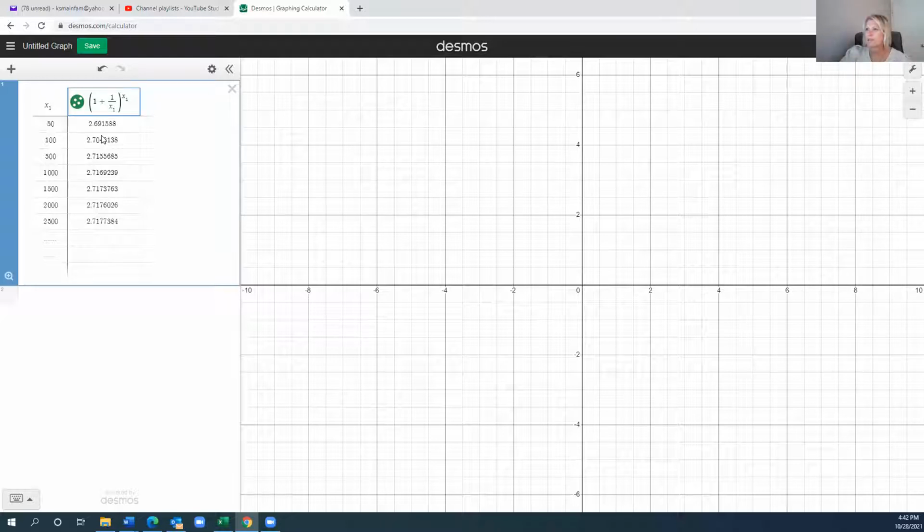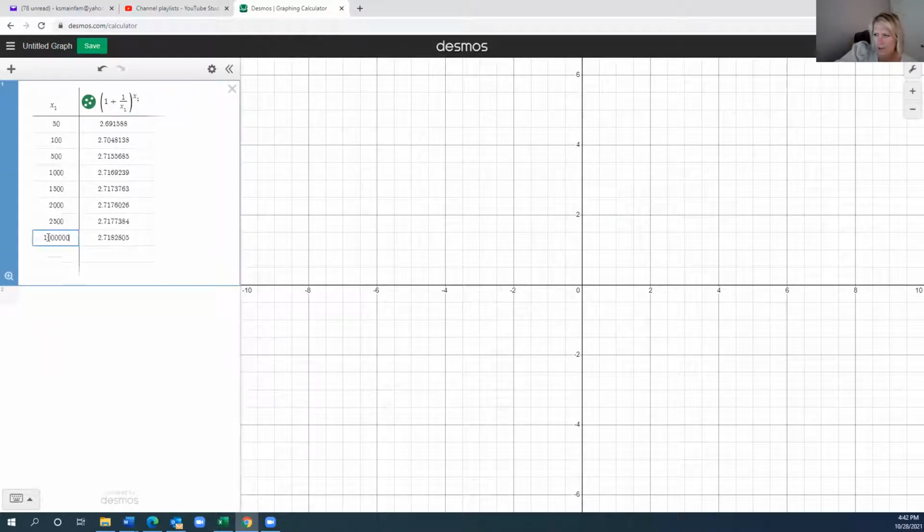Okay, so you can see it's 2.6916, 2.705, 2.716, and then it gets really, really close. You can even put in 10,000, or 100,000, or actually a million there. It gets so close to 2.718.